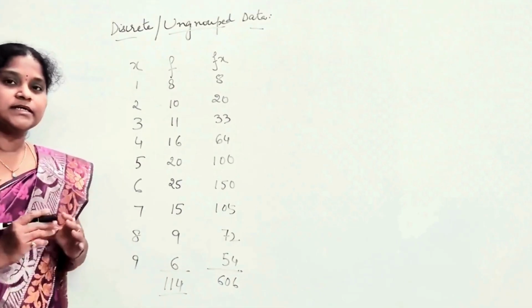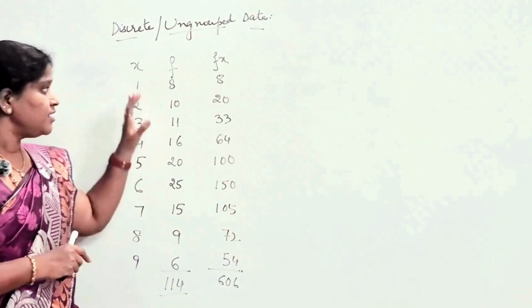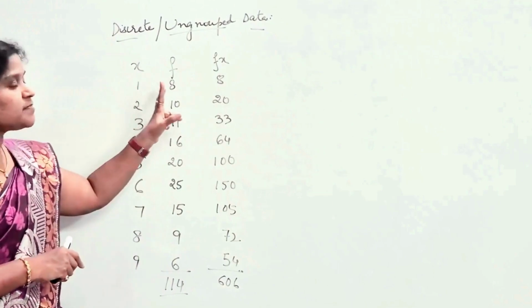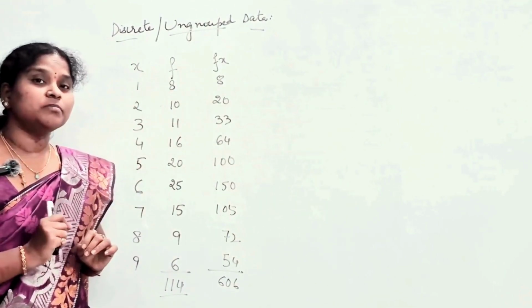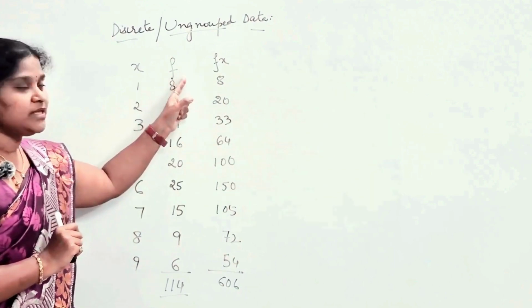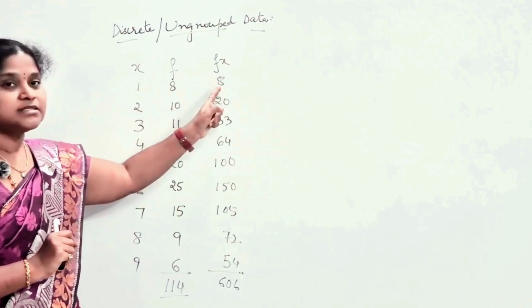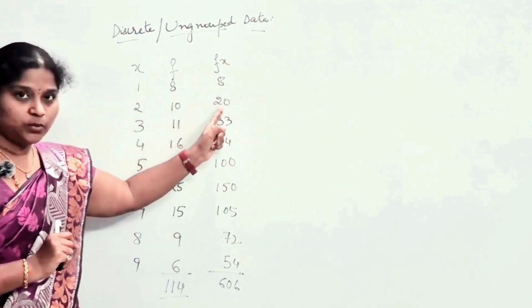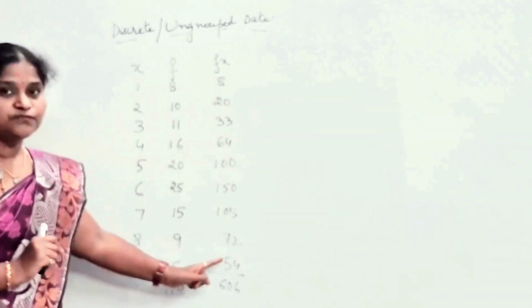Now let us consider the example with respect to discrete or ungrouped data. Here we have x values, their respective frequencies. To find mean for this, first we need to multiply the column frequencies with the x values to give fx. 1 into 8, 8, 2 into 10, 20, 3 into 11, 33, so on, 9 into 6, 54.